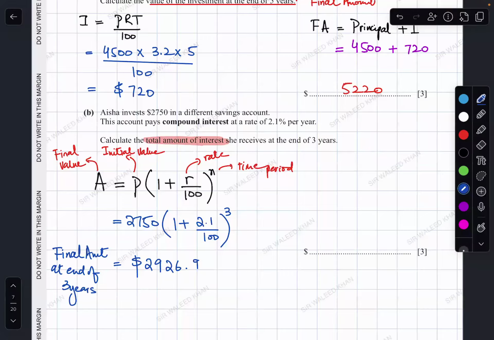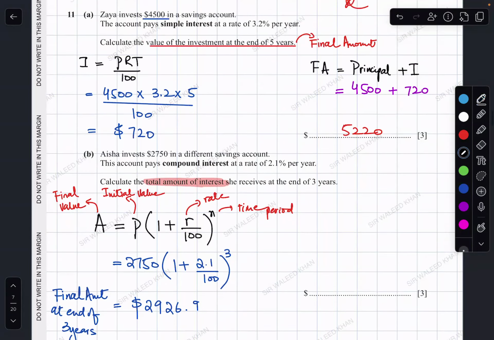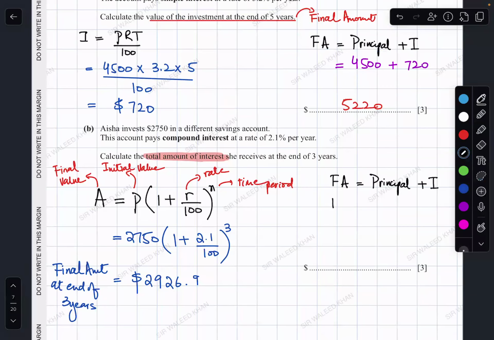To figure out just the total amount of interest, again, I'm going to use the same thing. Final amount is equal to principal plus interest. So to figure out the interest, I can rearrange. I is equal to final amount minus principal.